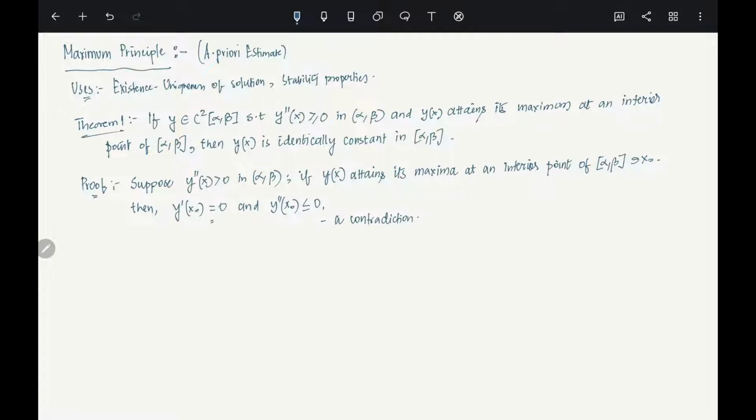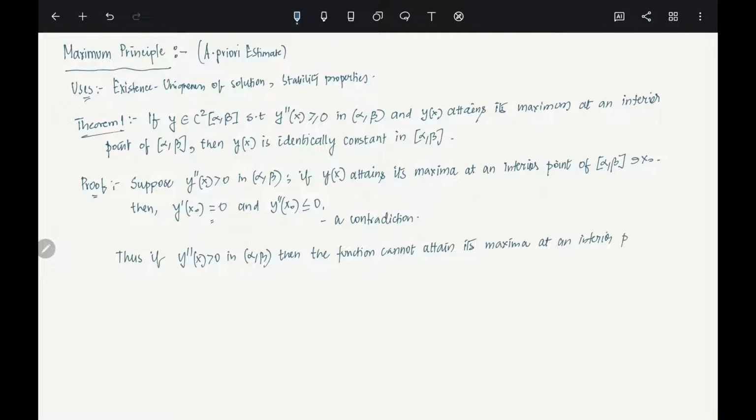Hence, what can we say? If y double prime of x is positive in (alpha, beta), then the function cannot attain its maxima at an interior point of (alpha, beta).